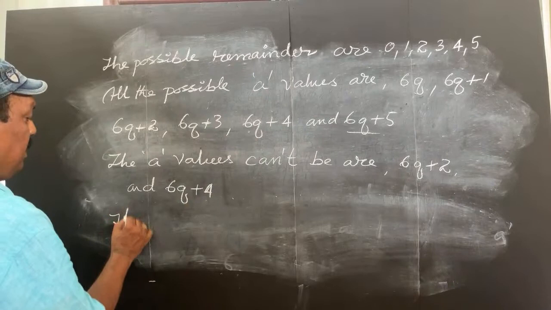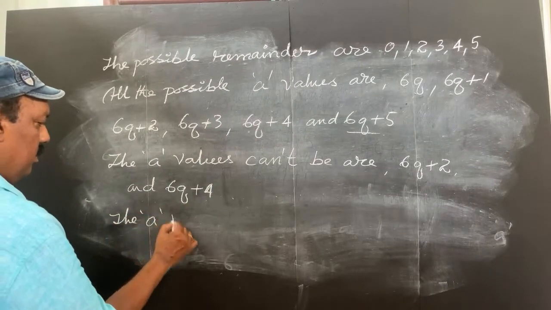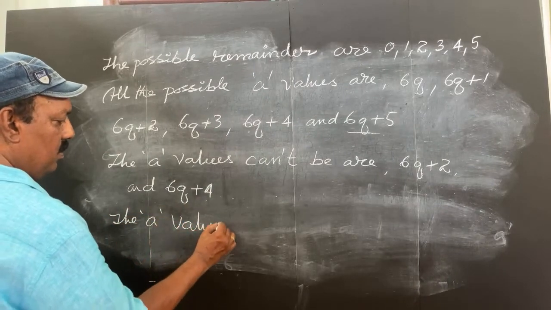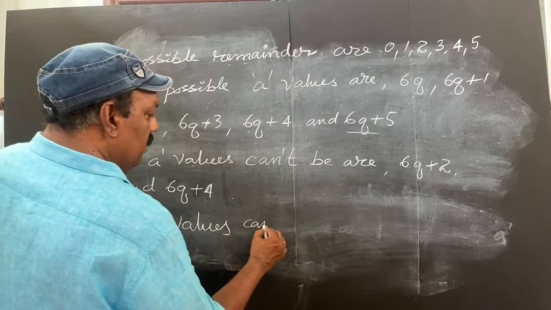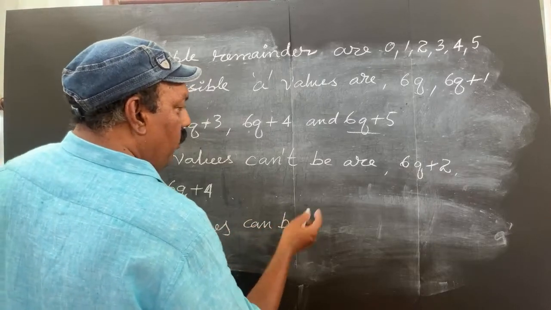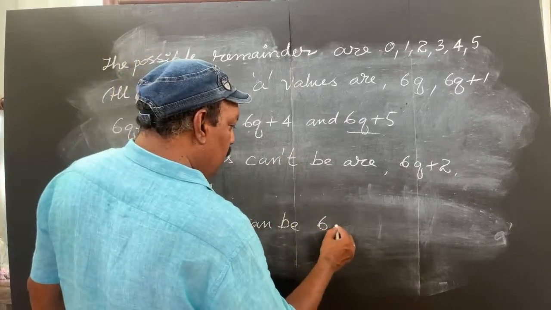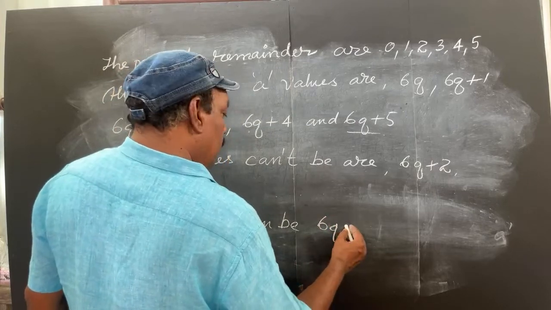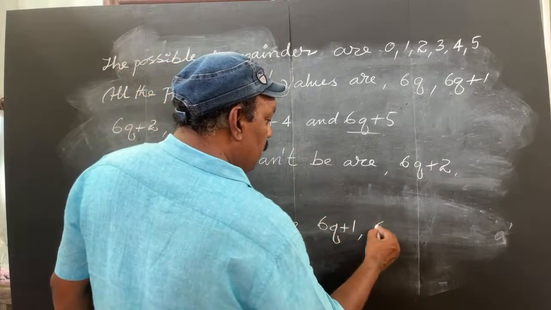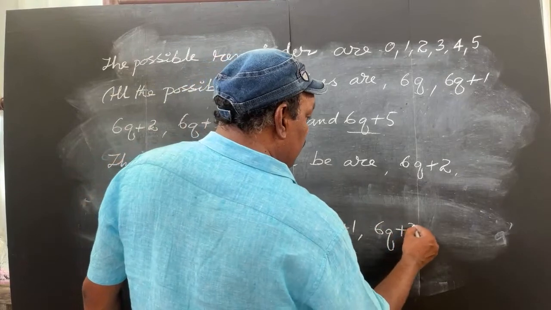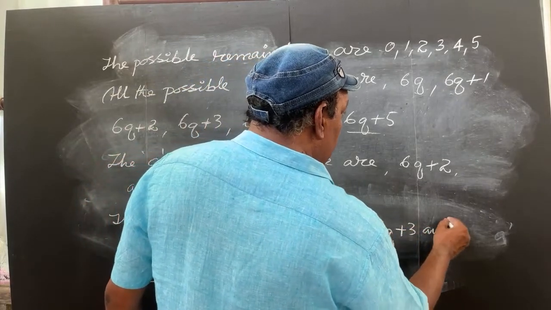Next, the a values that can be are 6 cube plus 1, 6 cube plus 3 and 6 cube plus 5.